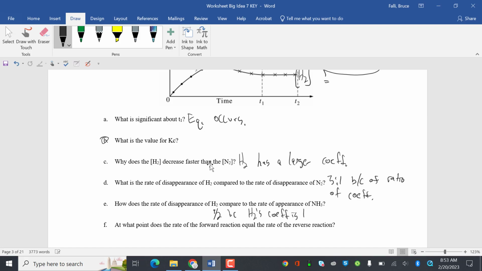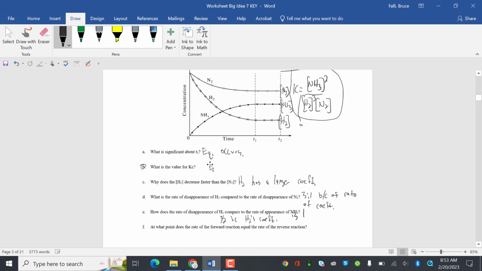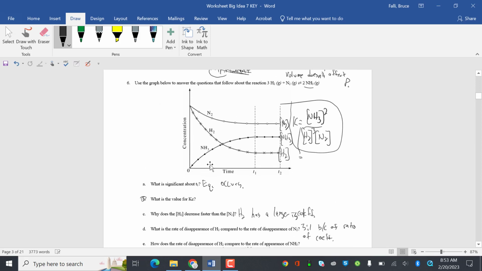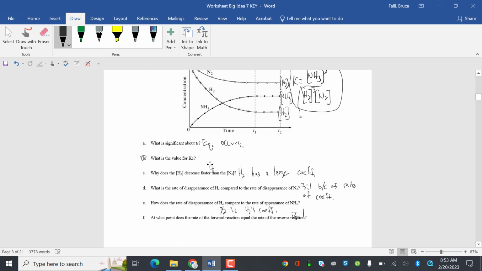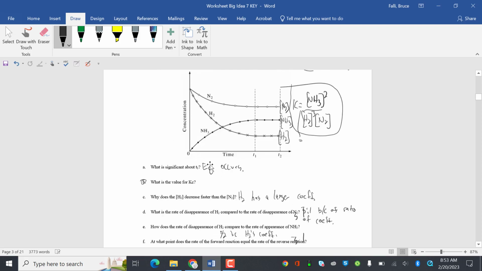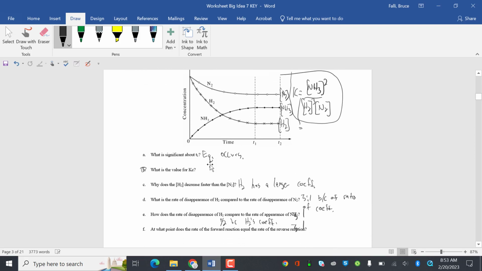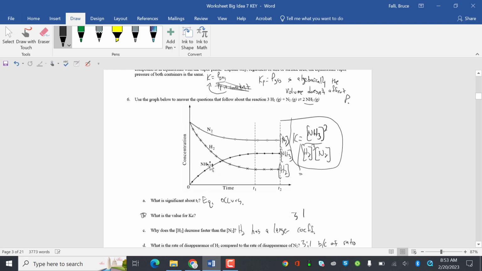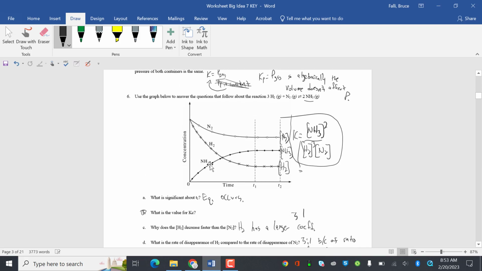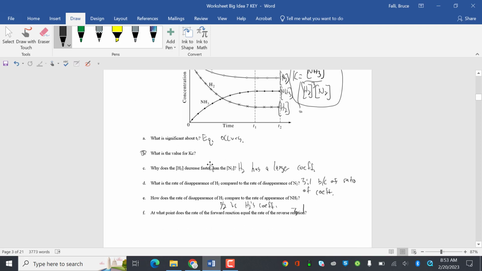Is that right? Make sure I got it right. Okay, what about H2 compared to N2? H2 compared to N2, well, that's 3 to 1. And then H2 compared to NH3, well, it's 3/2.